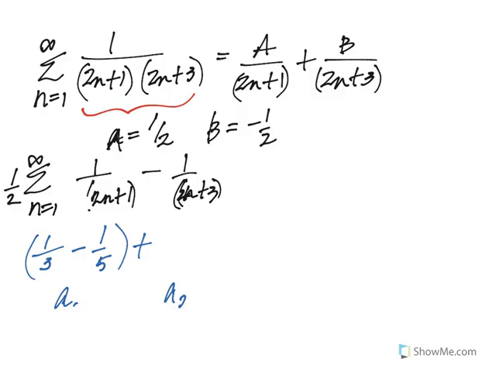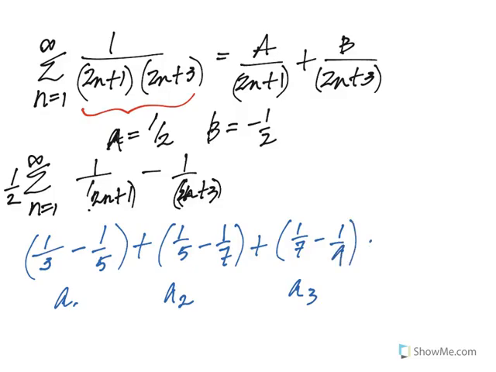Add that to a sub 2, which is a 5th minus 1/7. I'll add that to a sub 3, which is a 7th minus a 9th, all the way out to the end.